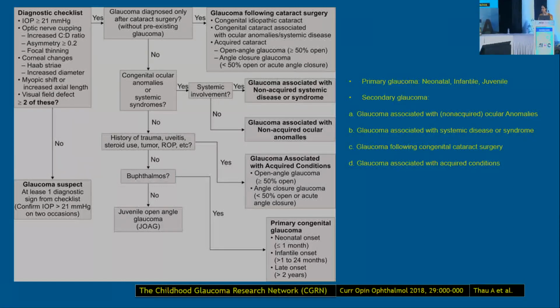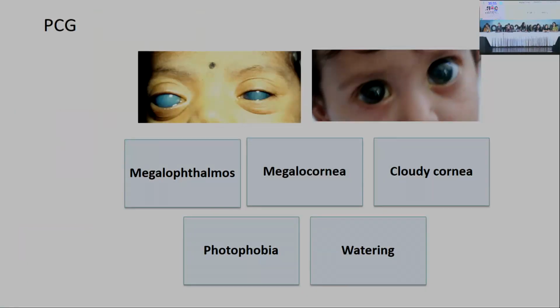Post-surgical, like all other post-surgical glaucomas, are in acquired, so glaucoma following congenital cataract surgery can be clubbed into an acquired category as well. So some of these eyes may have dysgenesis of angle. If there is already pre-existing dysgenesis, what category will they fit into?